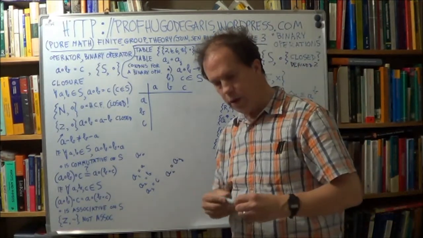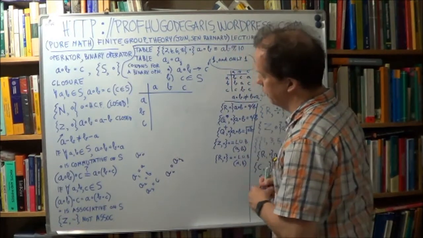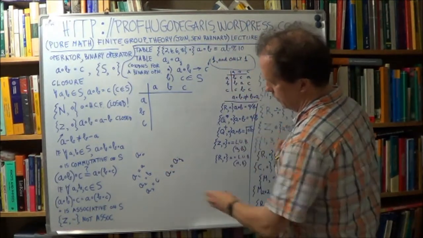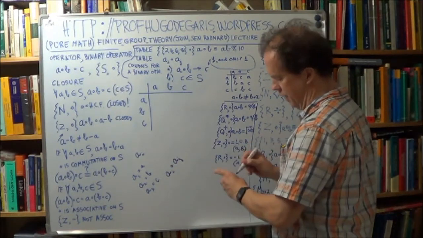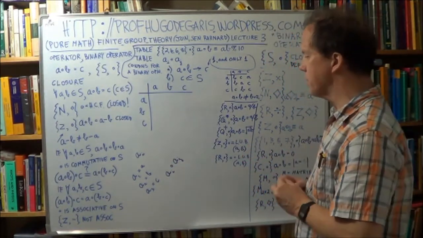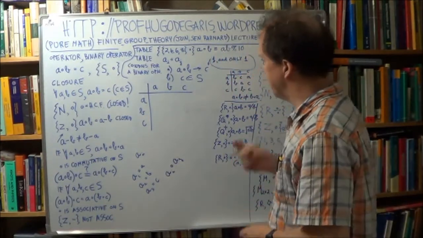So how many total ordered pairs will we have? Well, there will be 9, because 3 possibilities here, 3 possibilities there. So we have 9 possible ordered pairs.